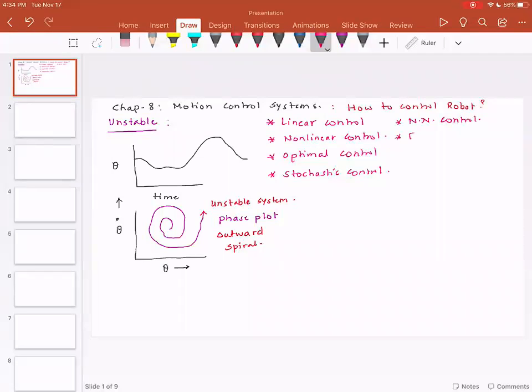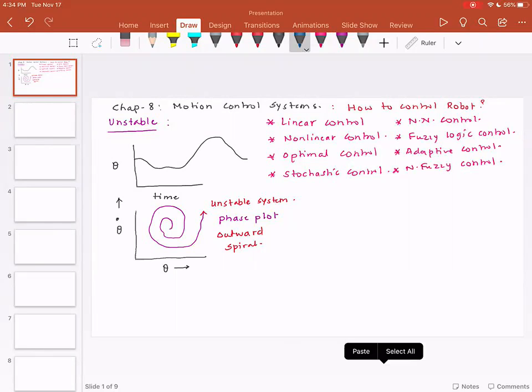There is fuzzy logic control. There is adaptive control. There is neuro-fuzzy control. And the field of controls is vast. But in Robotics 1, we are going to talk about linear control.